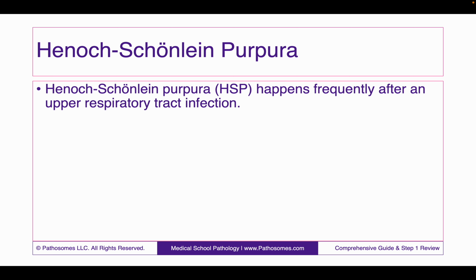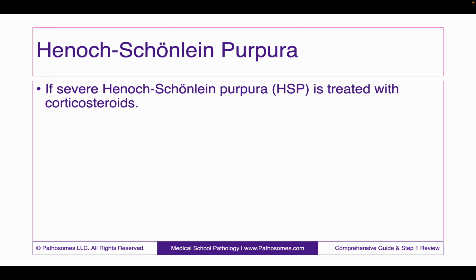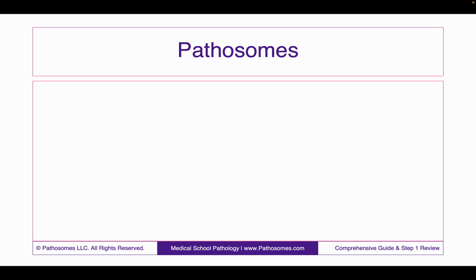Henoch-Schönlein purpura happens frequently after an upper respiratory tract infection. It is a self-limited condition, but may return. If severe, it is treated with corticosteroids.